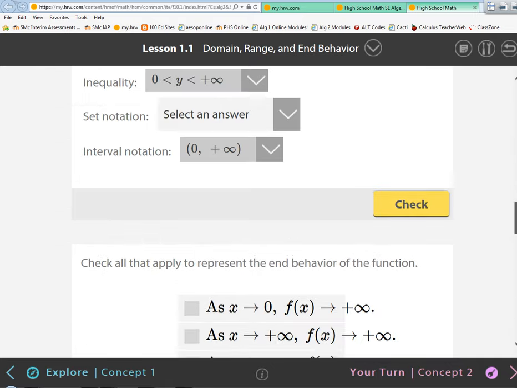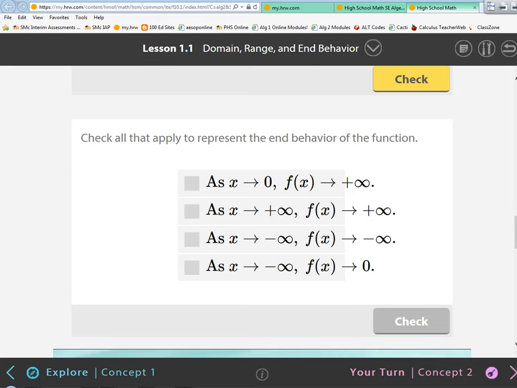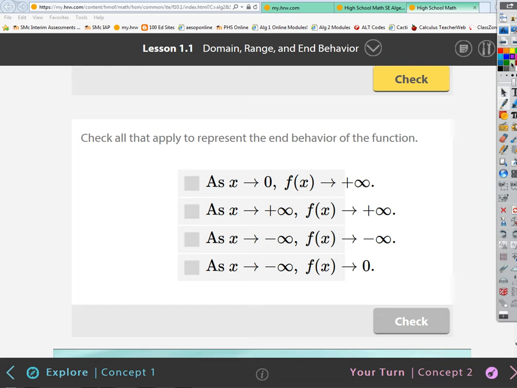Okay, last issue here. This looks kind of strange. Weird notation. What do the arrows mean? This means approaches. Okay, so which of these statements makes sense when we're talking about end behavior? And that's important. The end behavior, remember, we described as the behavior way out there or way out there, right?